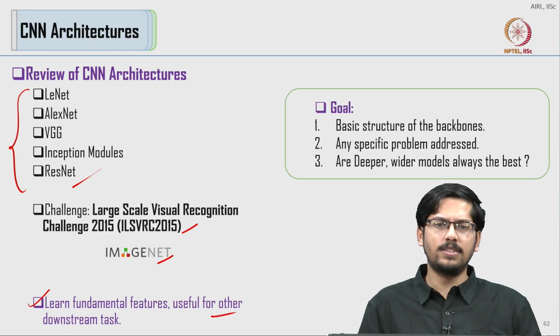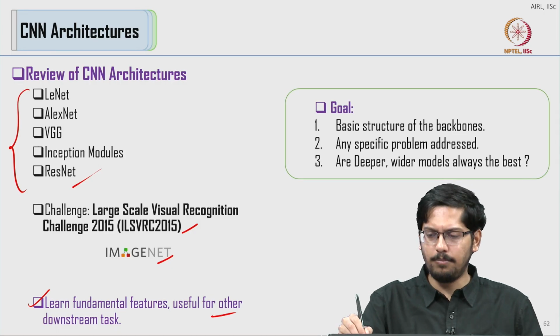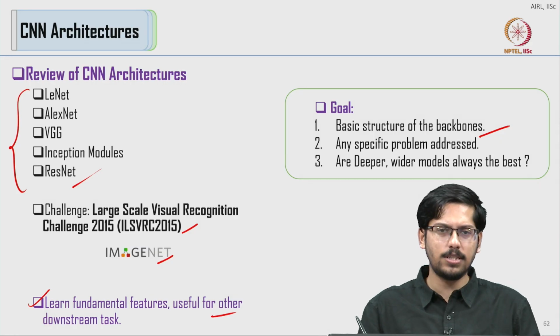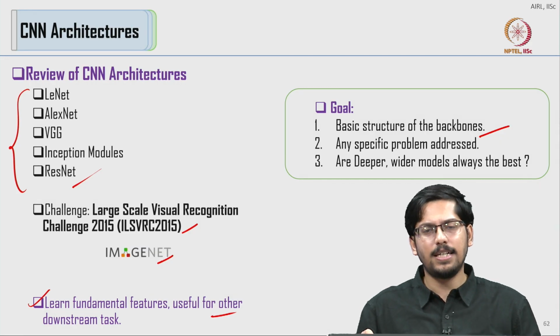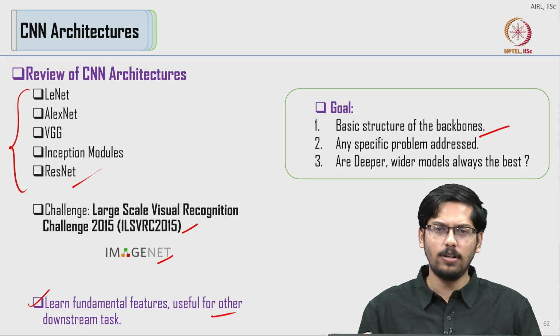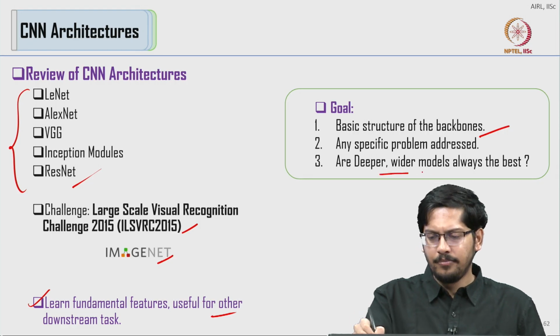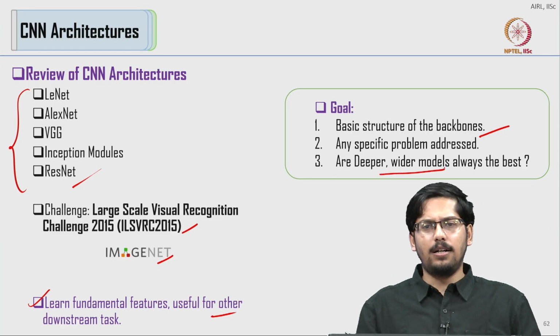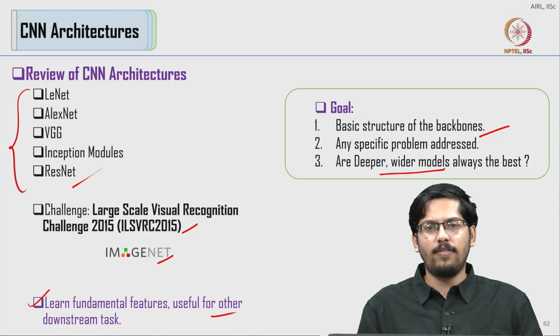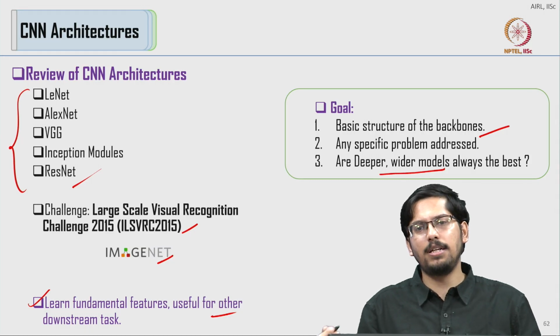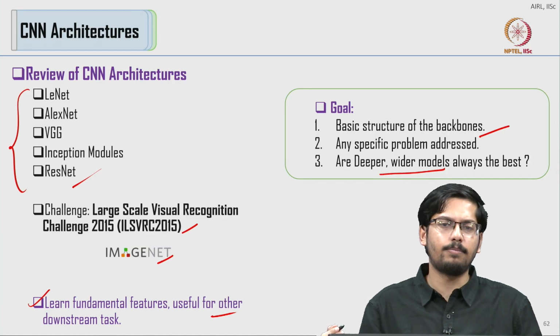The goal of this particular lecture is to go over a basic understanding of these backbones, to understand whether there is a very specific problem that they solved, and to ask the question: is the best way to develop a backbone just to develop a much deeper and wider model? If I wanted to beat the state of the art, should I just build a very deep model with a lot of learnable parameters?